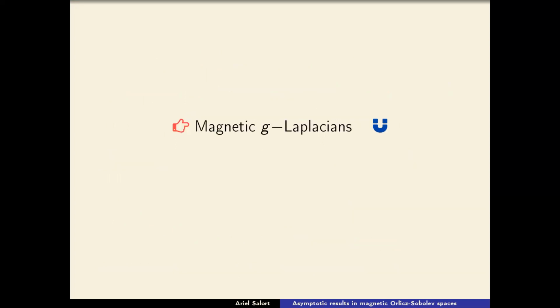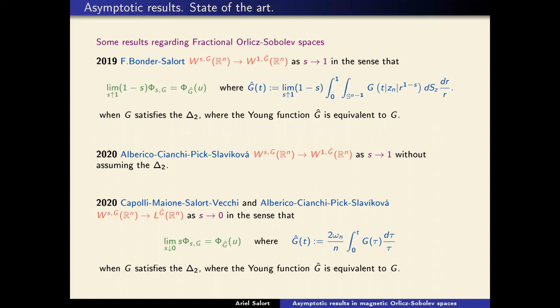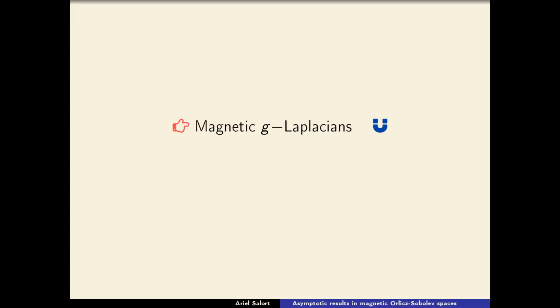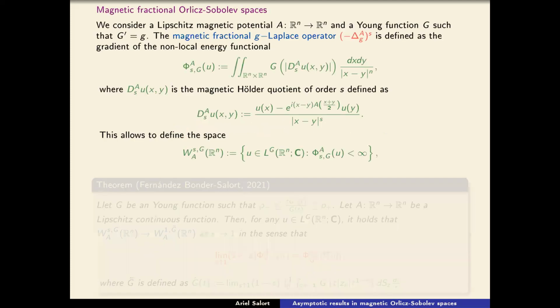Now I want to state a generalization of this space W^{s,G}, the magnetic version of this space, which is the magnetic G-Laplacian. The magnetic G-Laplacian is an operator which is defined as the gradient of this non-local energy functional.